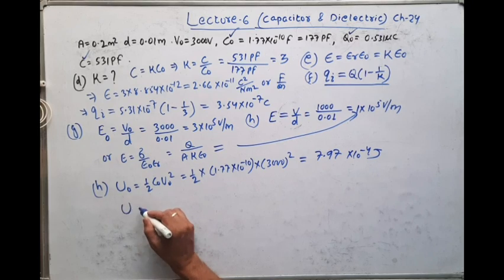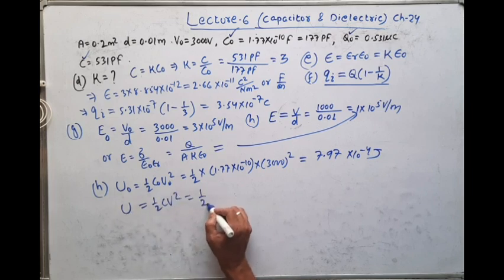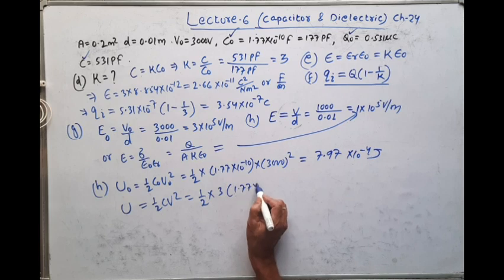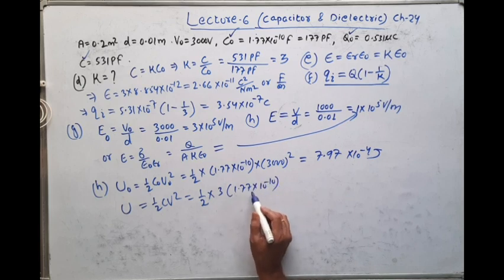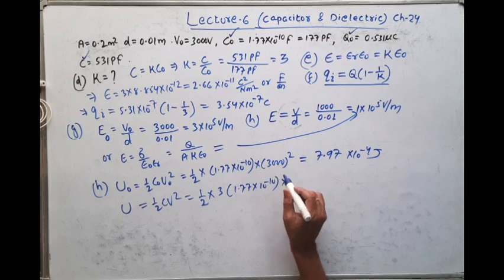Now after introducing the dielectric, what is the energy stored? It is half CV square. Half, capacitance is already increased by 3 times, so 3 into 1.77 into 10 to the minus 10, 3 times the initial capacitance, into voltage, which is already decreased to 1000 volt.